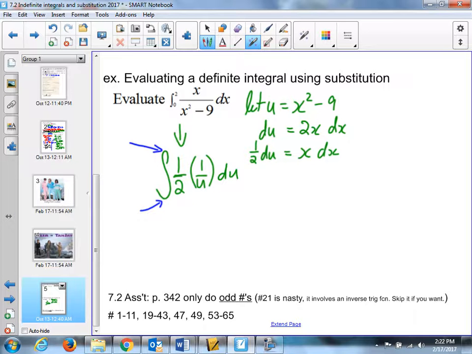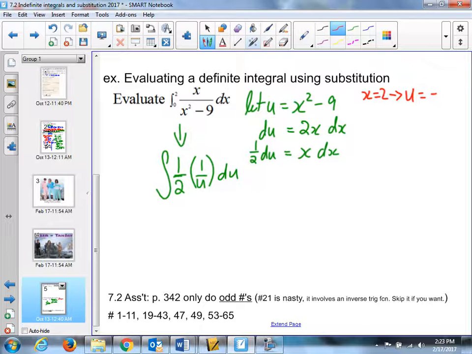So here's what I'm going to do. When x equals 2, that's the top limit, the upper bound. What does u equal? Well, we put it in this equation, u equals x squared minus 9, right? So 4 minus 9 is negative 5, correct?